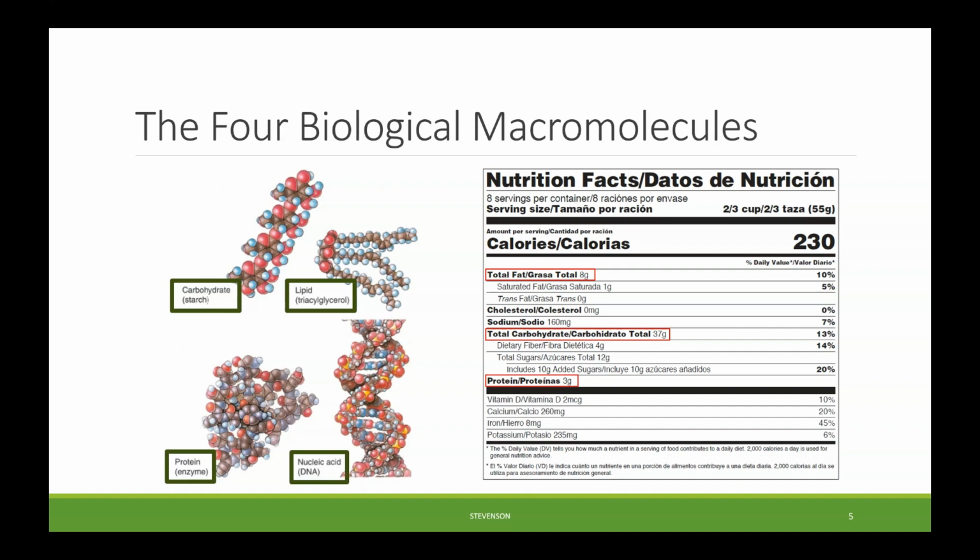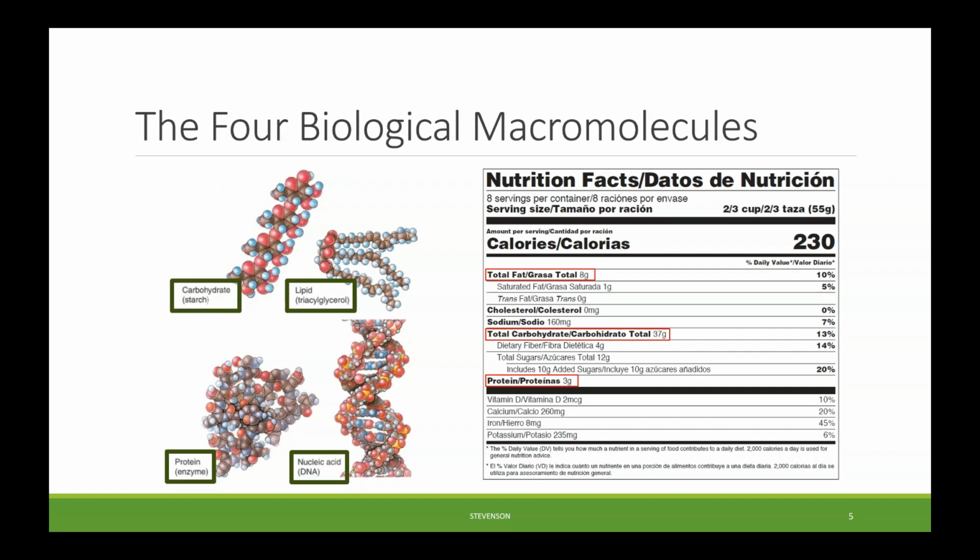Now, nucleic acids, which is the 4th type of biological macromolecule, are not on here because nucleic acids essentially means DNA. DNA is found in all living organisms, and because everything that you eat was formerly alive, you eat a significant amount of DNA in your diet every day.